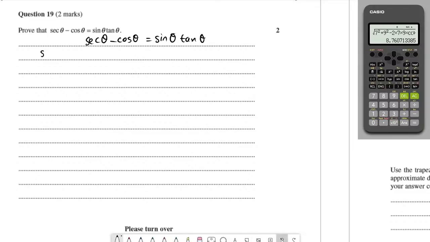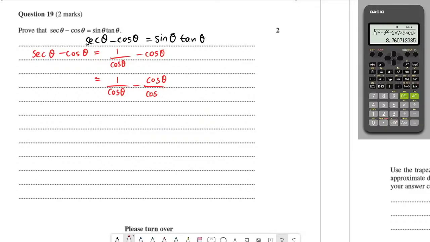So sec theta minus cos theta is equal to 1 over cos theta minus cos theta, which is equal to, now, what we're going to have to do is have a common denominator. So that's the same as 1 over cos theta minus cos theta, so times by cos squared theta.